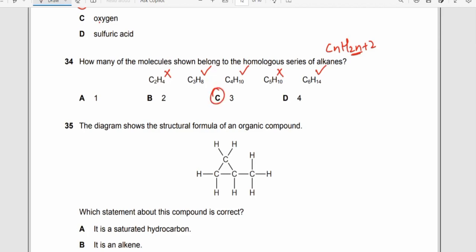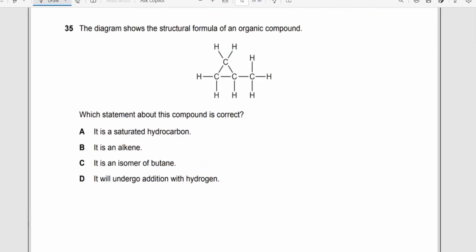Option C is okay. The diagram shows the structural formula of an organic compound. Which statement about this compound is correct? It is a saturated hydrocarbon, it's okay. It's an alkene? It can never be an alkene because it doesn't have a carbon-carbon double bond. It's an isomer of butane? What is the formula of butane? C4H10.